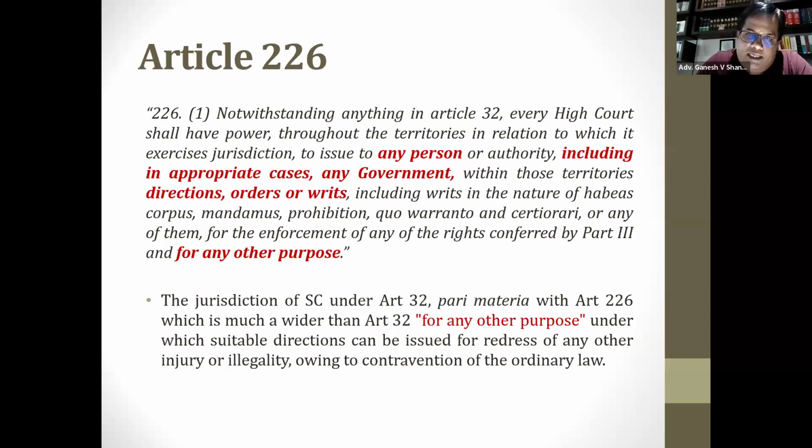You can also file writs against any person other than government also. There is a jurisprudence around this which says that any person who is having a public function or public obligation, even those persons can be writted under Article 226.